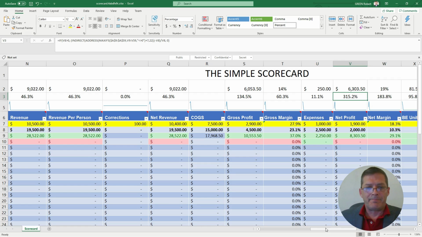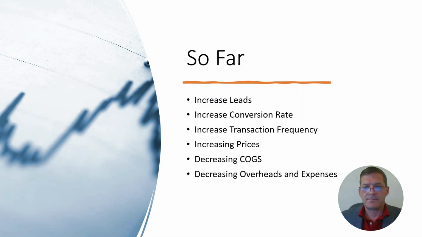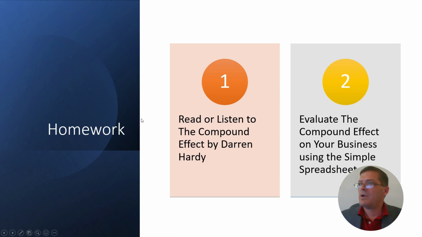All right. So let's go back to the slides. So for homework, I want you to read or listen to The Compound Effect on Audible by Darren Hardy. And then I want you to evaluate the compound effect on your business using the Simple Spreadsheet.